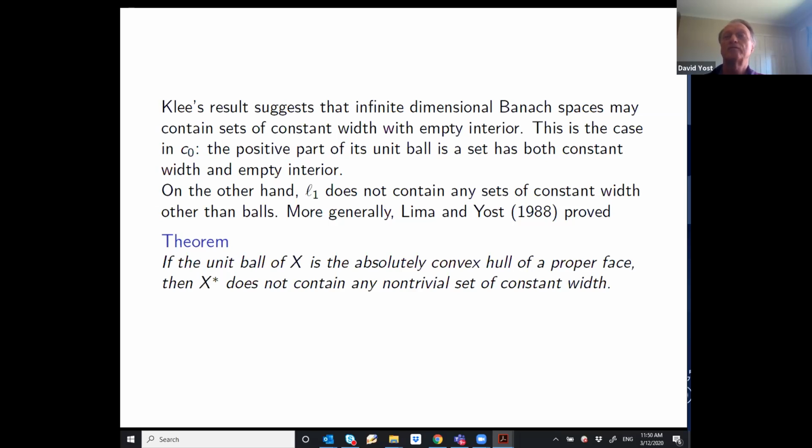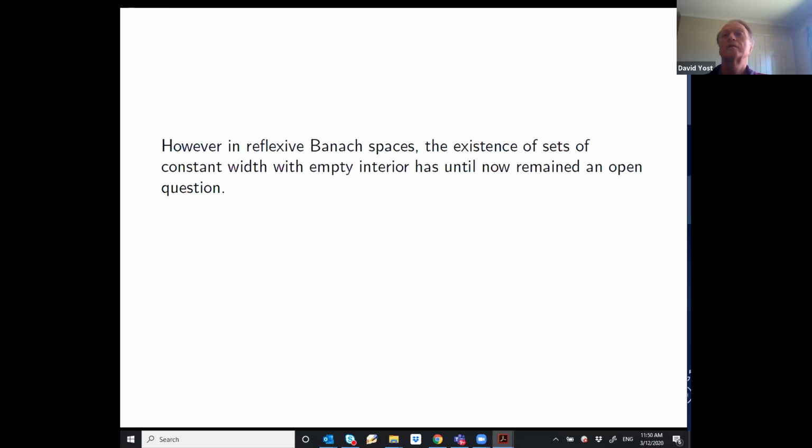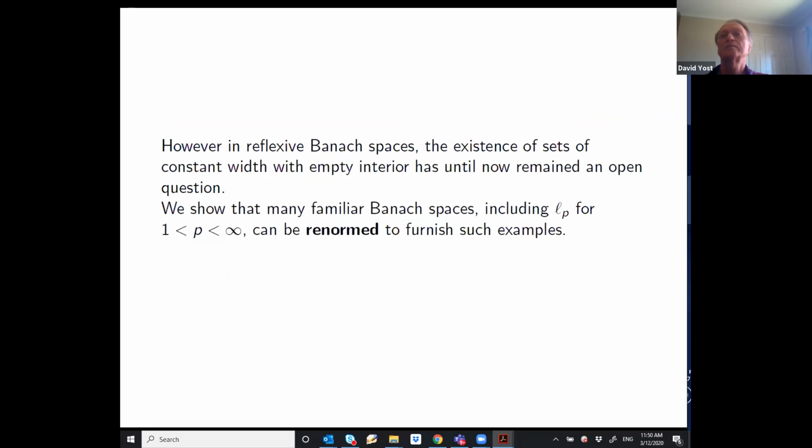In the dual, every set of constant width has to be a ball. And as I said before, in reflexive spaces, it's an open question. And this is joint work with Elisabetta Maluta when she visited Ballarat 3 years ago.